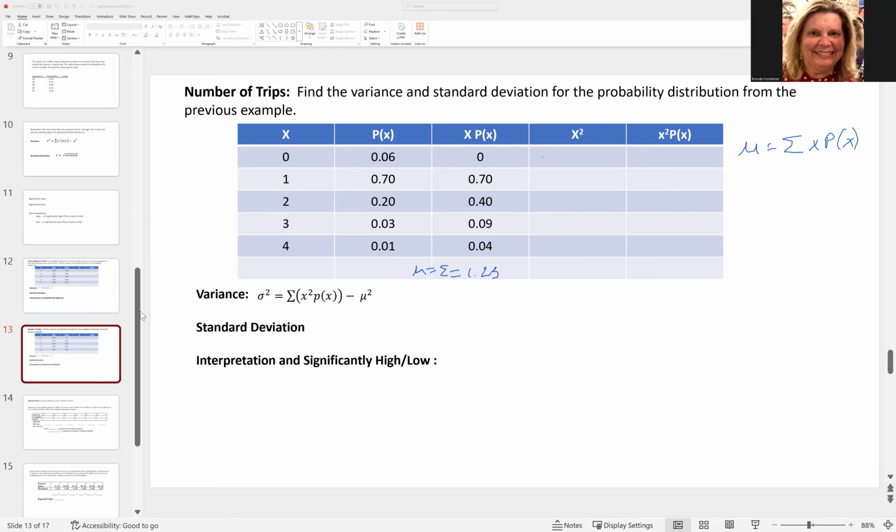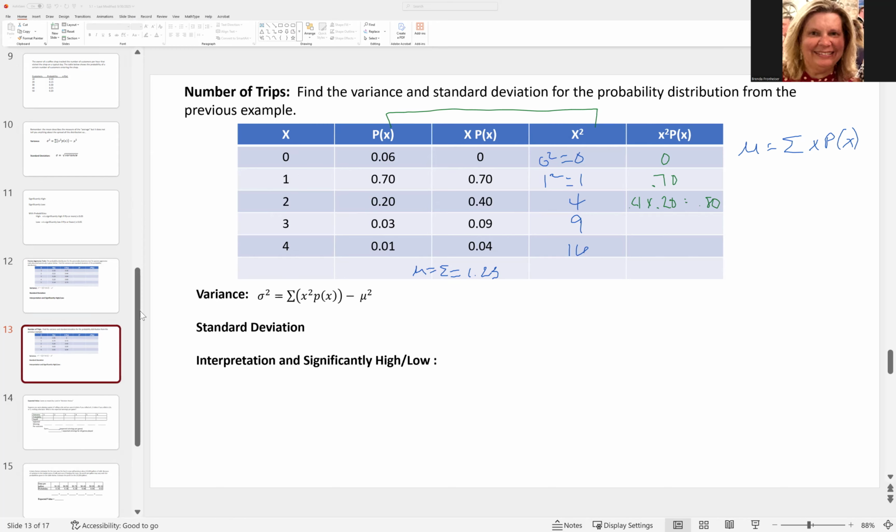Okay, x squared. So 0 squared is 0. That doesn't look like a 0. It looks like a 1. 1 squared, 2 squared, 3, and 4. I don't need the sum because that's not part of any formula. But now x squared p of x, remember you're multiplying those columns. So 0 times 0.06, 1 times 0.70, 4 times 0.20.